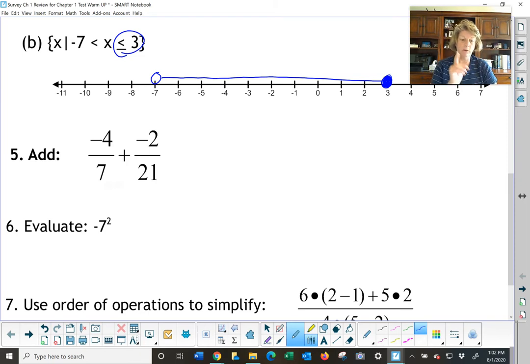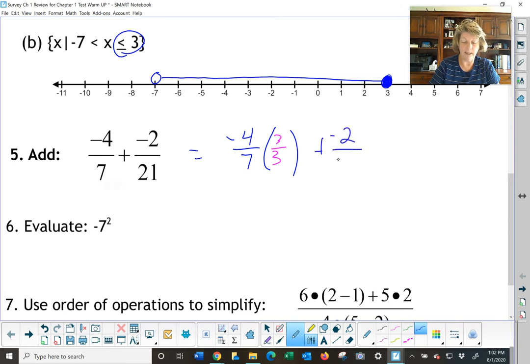Adding 2 fractions. Well, we remember when we add 2 fractions, we have to have like denominators. And in this case, I want to make 21 my like denominator. So I would take negative 4/7 and multiply it by something to get 21. We're going to multiply by 3 over 3. Then we'll add this to negative 2 over 21.